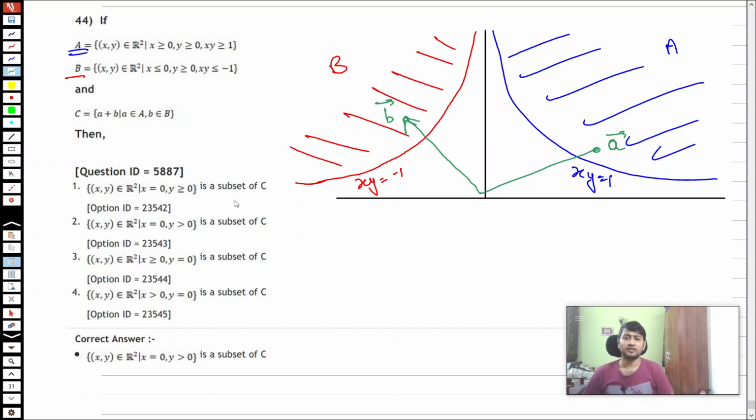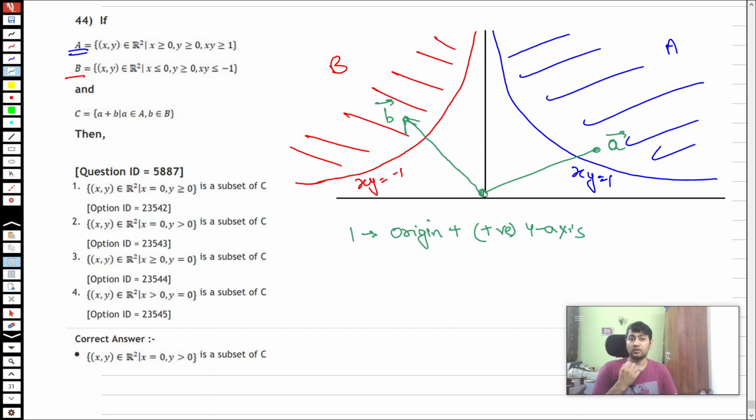So if I look at the first option, it tells me points which are x equals 0 and y greater than or equal to 0 can be in C. So this is basically your option 1, x equals 0, y greater than or equal to 0, which is basically the y axis, origin plus positive y axis.